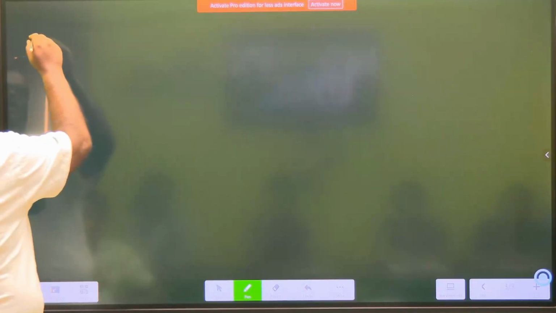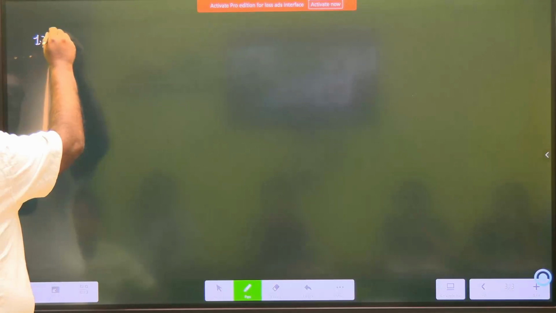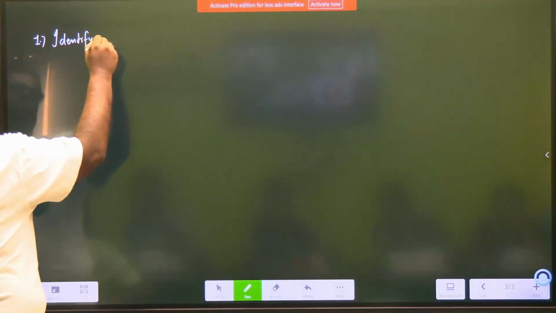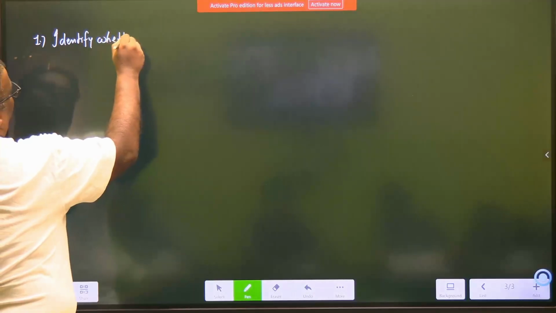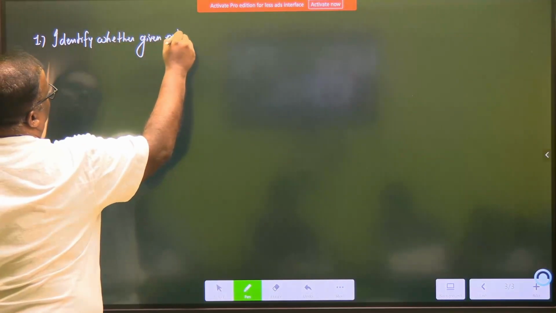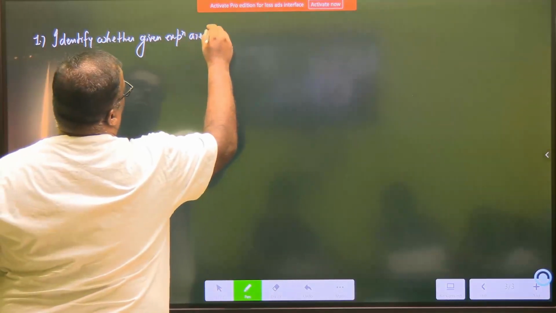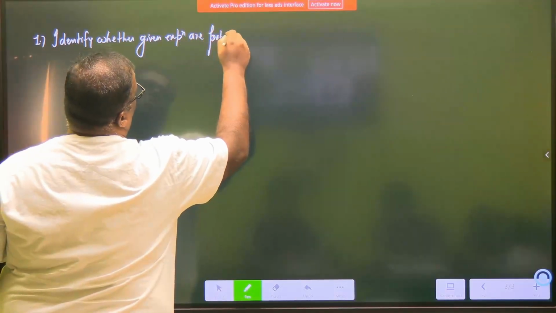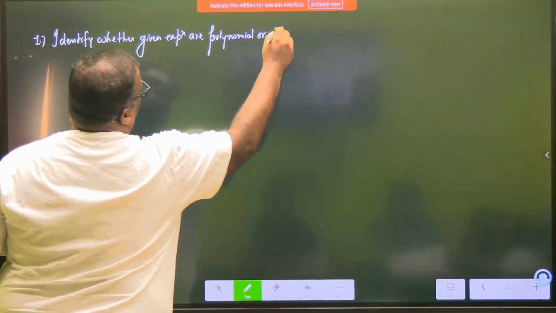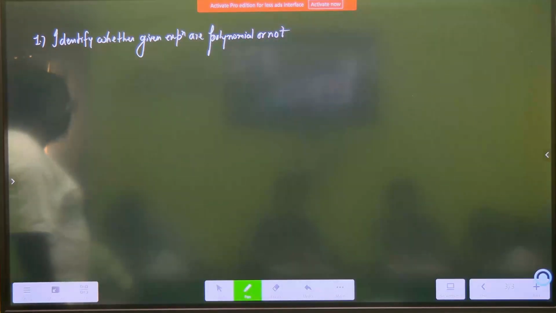Now since we have understood polynomial, one type of question you might get is: identify whether given expressions are polynomials or not. Tell me, will you be able to solve this question if it comes as a 1 mark question?